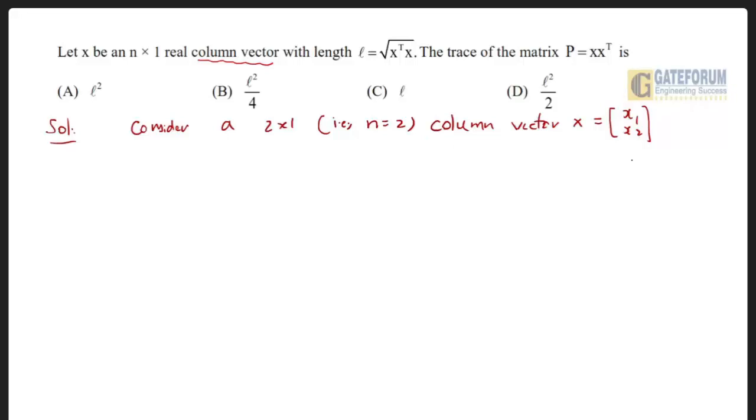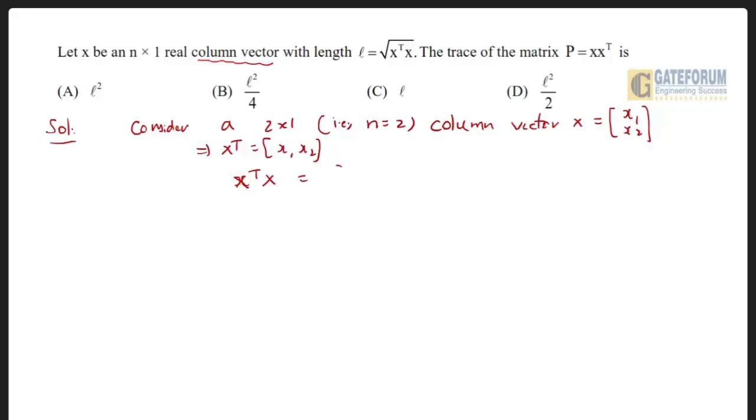Instead of considering n cross 1, you can take x is equal to x1, x2, and so on, xn, n components, column vector. But finally you will be getting the answer; it will take more steps, though that doesn't mean the calculation takes more time. Now, what is x transpose? Row vector x1, x2. So there is the P matrix, x into x transpose. The length is equal to x transpose into x.